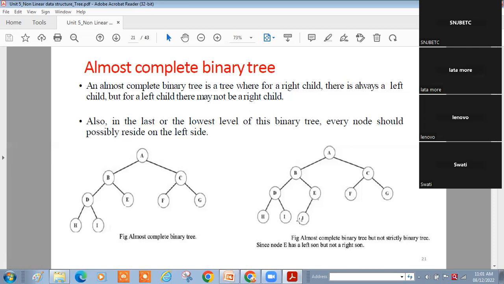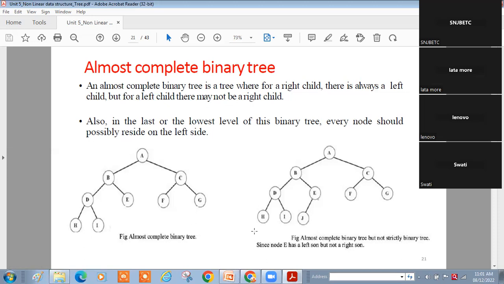These are the leaf nodes, and these leaf nodes are placed on the left hand side. This is the basic difference you can observe. What I'm saying is that 1 is allowed, 0 is allowed, 2 is allowed. But the thing is, they must be kept on the left hand side.